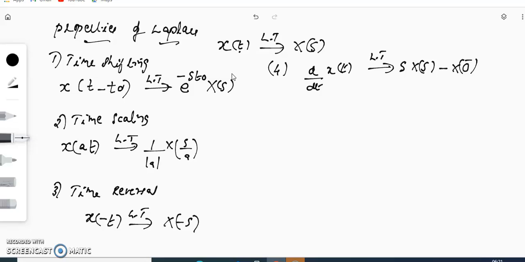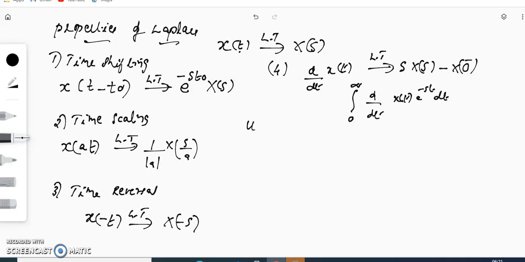That means what we do is find the Laplace transform of this derivative, isn't it? So you have to write the equation for Laplace transform, that is integral 0 to infinity d by dt of x of t into e raised to minus st dt, and you are using the integral of uv formula.